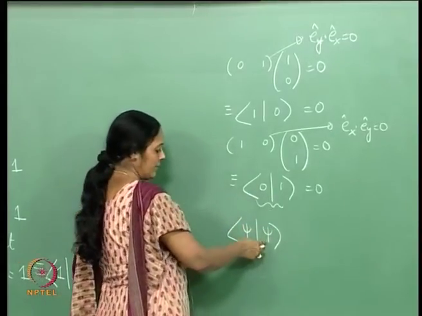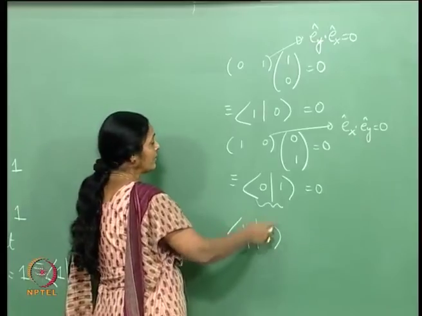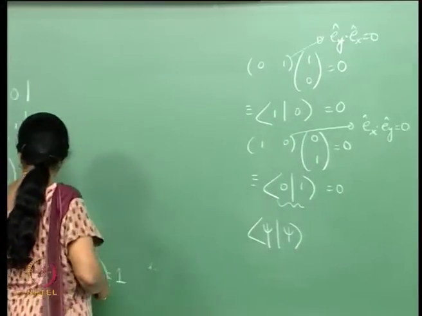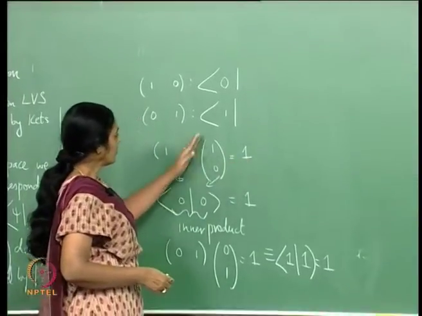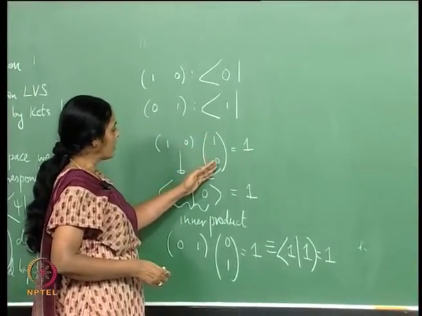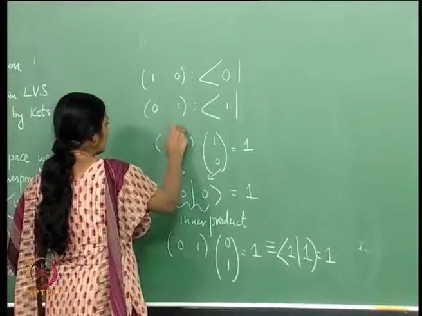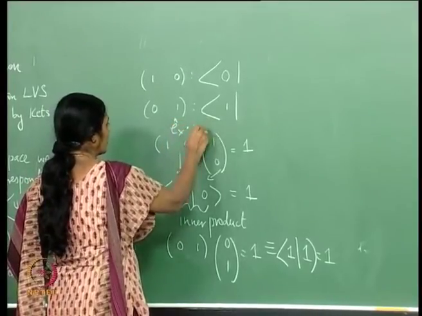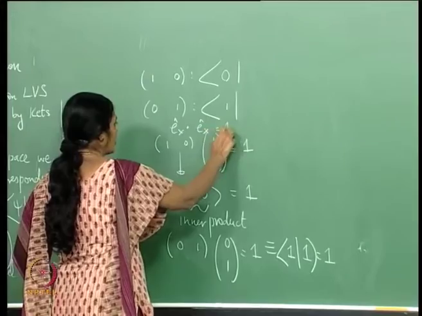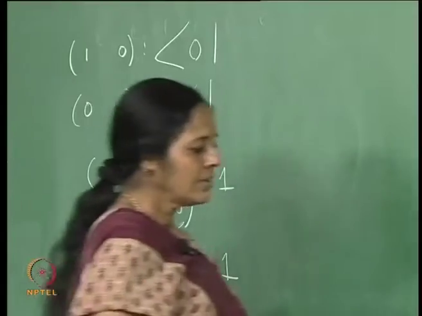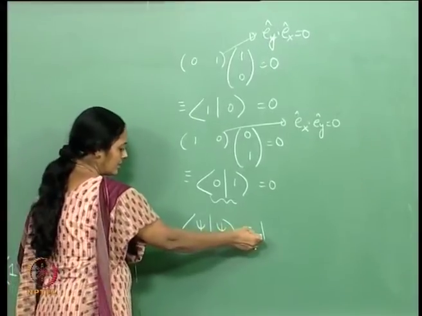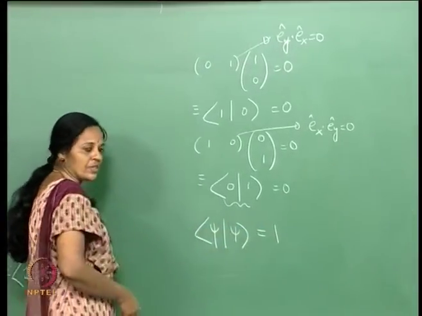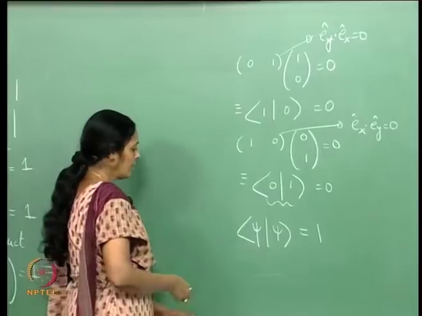And if psi were normalized to 1, look at this example for instance, 1 0 with 1 0 is 1. That means that this is normalized to 1. Remember, this is the same in the other notation as Ex dot Ex is 1. So, if it is normalized to 1, then the fact that it is normalized to 1 is represented in this fashion.